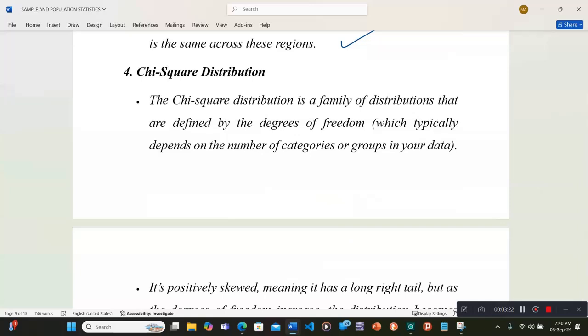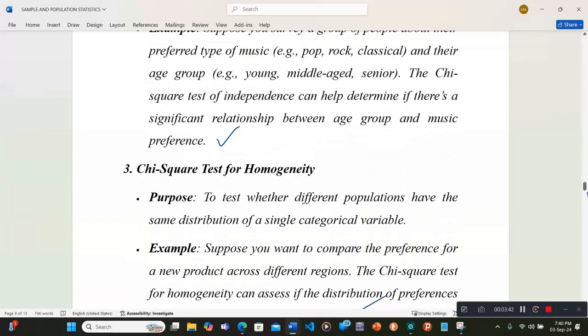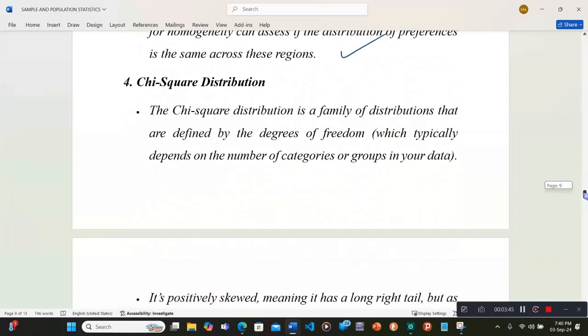Then there is also the chi-square distribution. The chi-square distribution is a family of distributions that are defined by the degrees of freedom, which typically depends on the number of categories or groups in your data.